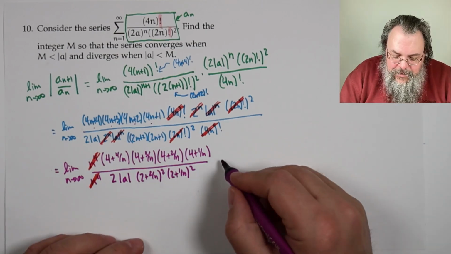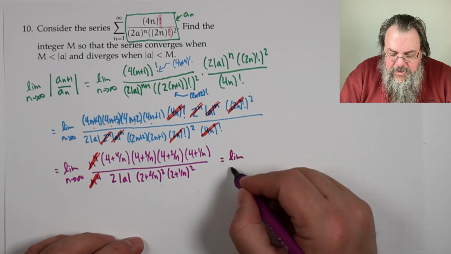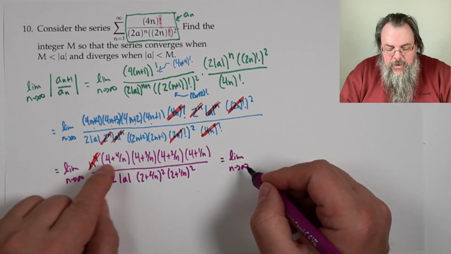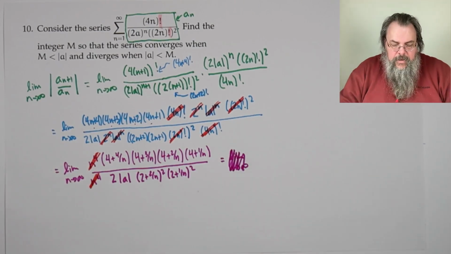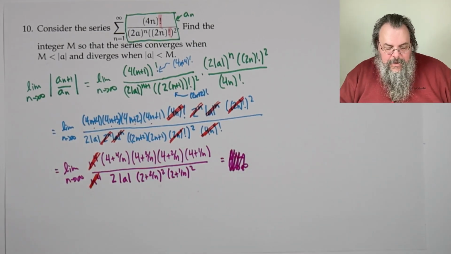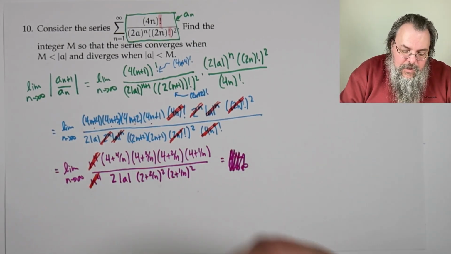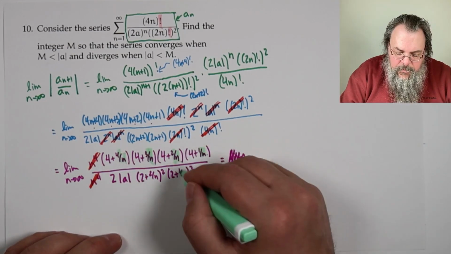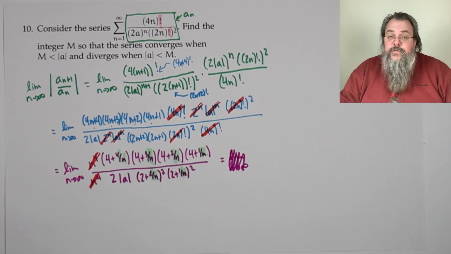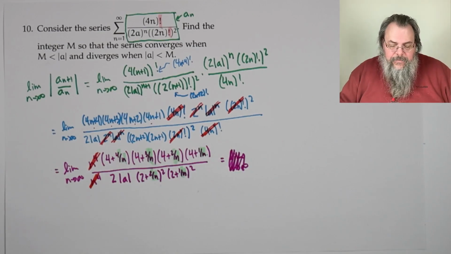So we have the limit as n goes to infinity. Whoop, no, we don't need the limit anymore. Why? We were actually ready to go, because this 4 over n goes to 0, 3 over n goes to 0, 2 over n goes to 0, 1 over n goes to 0. All those parts go to 0. So what's left?